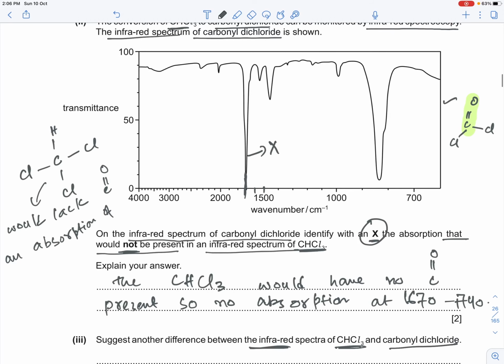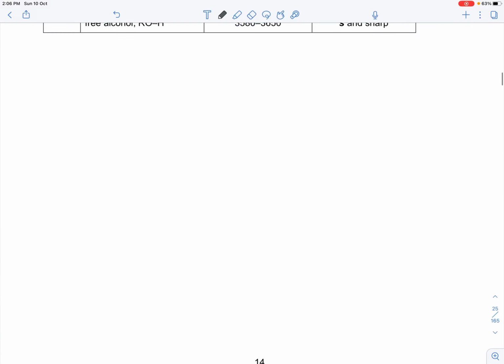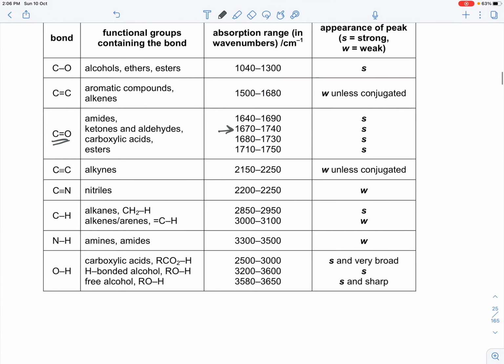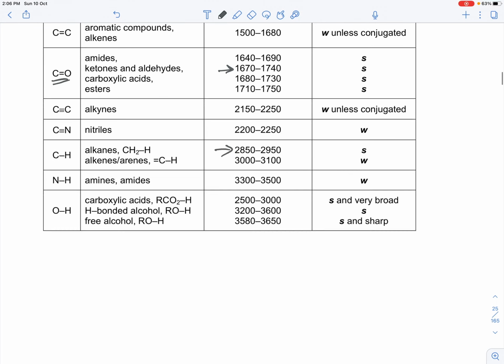So what other difference is there between these two compounds? In CHCl3, or trichloromethane, we have a carbon-hydrogen bond, and there is no carbon-hydrogen bond present in carbonyl dichloride. So trichloromethane would have a CH peak, which for alkanes is at 2850 to 2950.